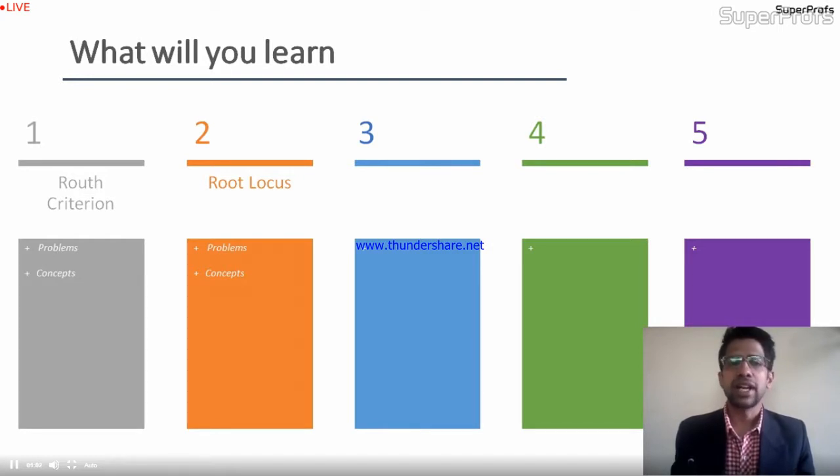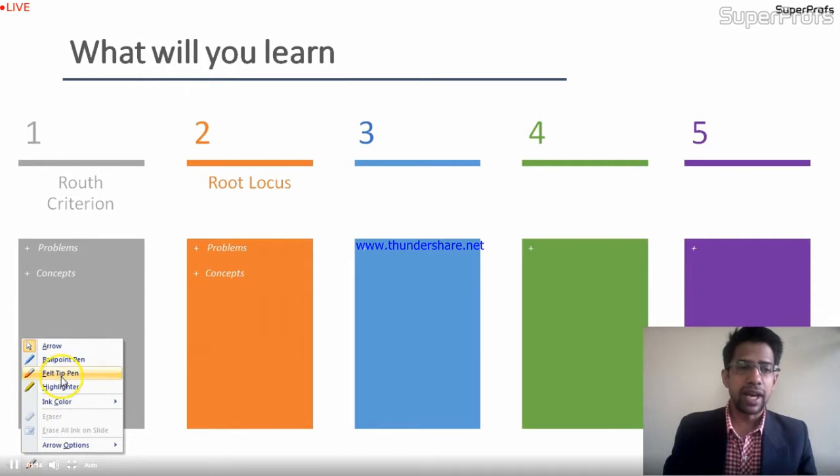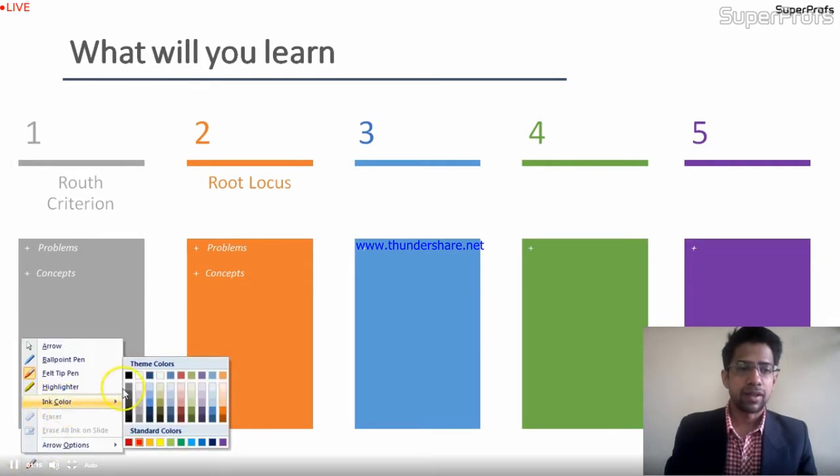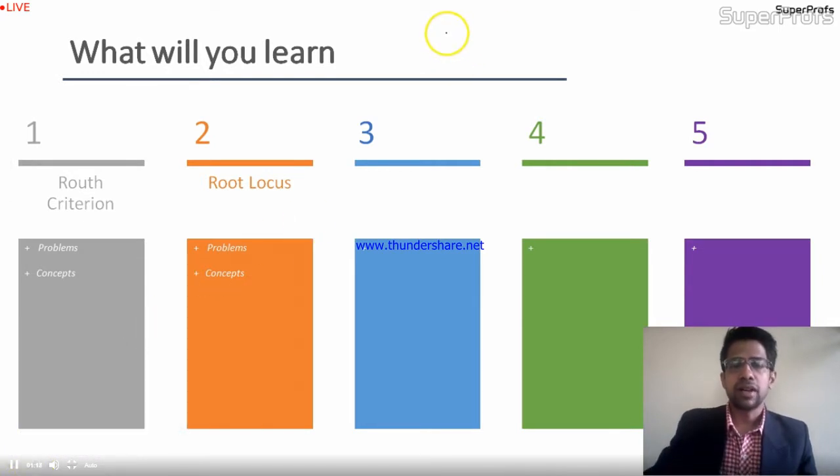Routh's criteria is the algebraic method to understand the stability of the system. Basically, in Routh's criteria, you get the idea about the stability, but it is very discrete. For Routh's criteria analysis, you have stability or instability.